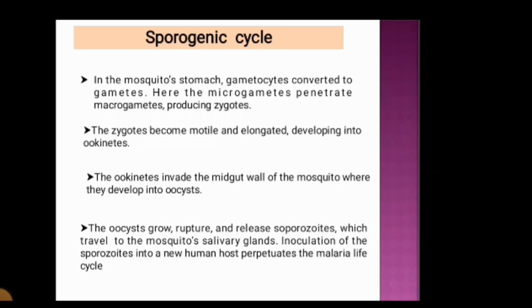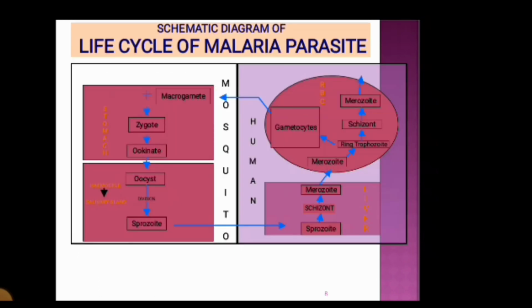How does inoculation occur? When the female Anopheles mosquito takes the blood meal, the sporozoites enter the healthy human body through their saliva. Thus, the host perpetuates the malaria life cycle. Here the schematic diagram of the life cycle of the malaria parasite is given.